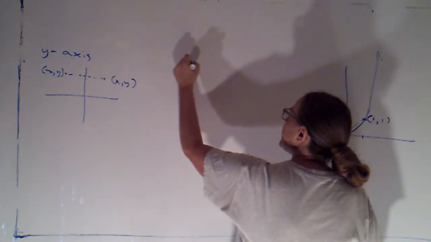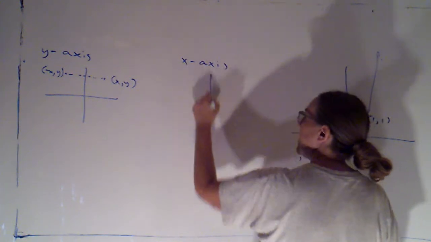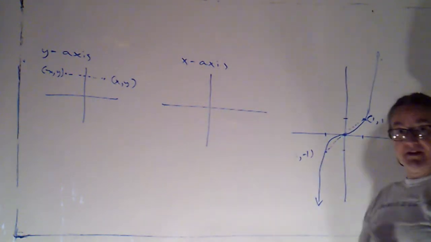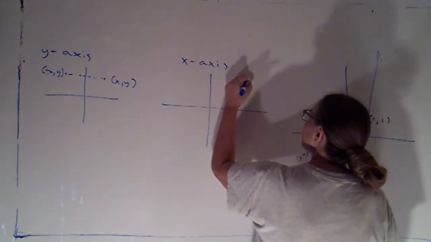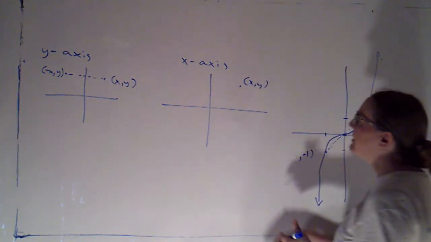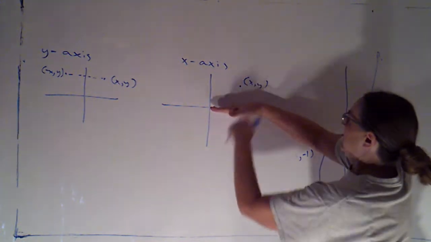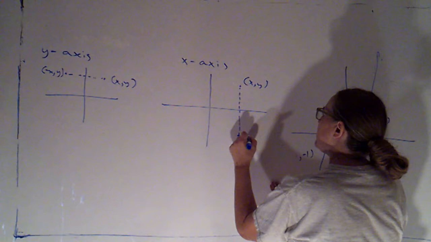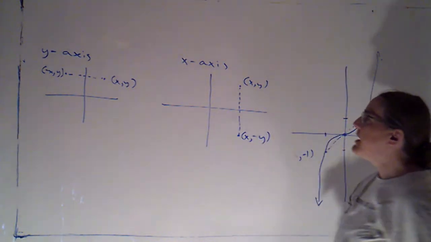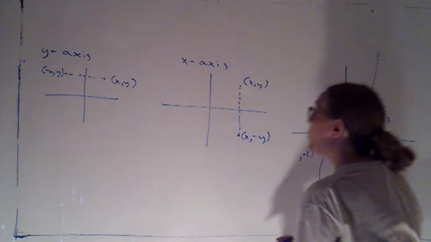I've got symmetry about the x-axis. Most of the time when I have this sort of symmetry, we'll be talking about something that's not a function. If I have a point x, y, where would the mirror image be? It would be down here. So I would have a point with the same x value, but the opposite y value.